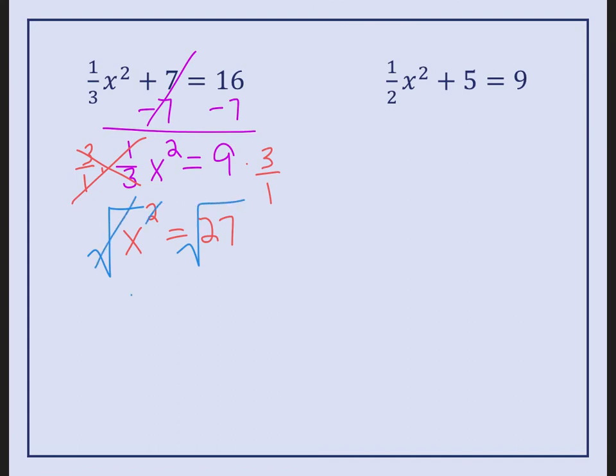Well, I can't take the square root of 27. What numbers go into 27 that I can take the square root of? I have 9 times 3, because I can take the square root of 9 and write it in the front. When I pull it out, I make sure that it's a positive or a negative 3 square roots of 3.